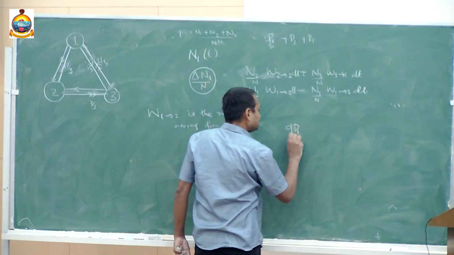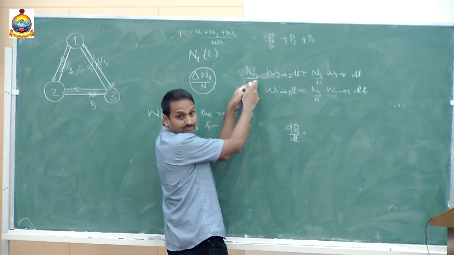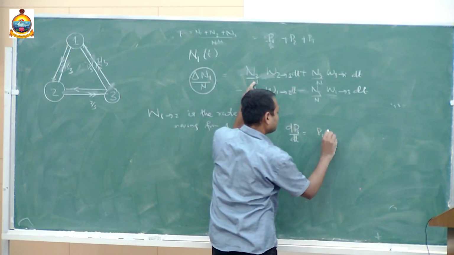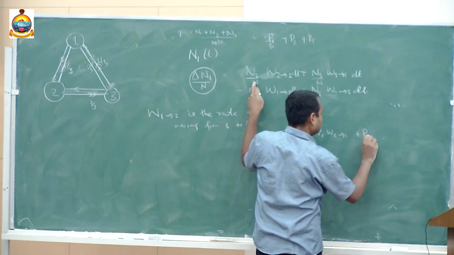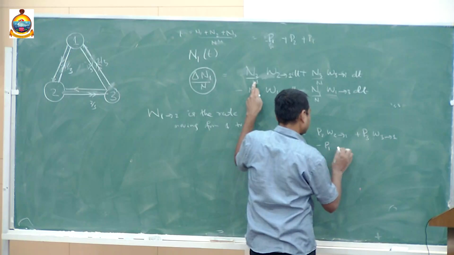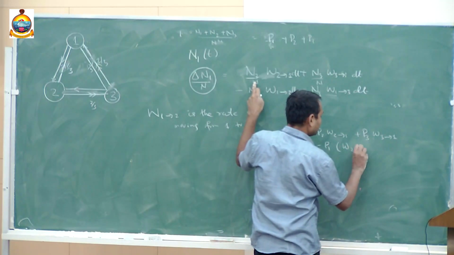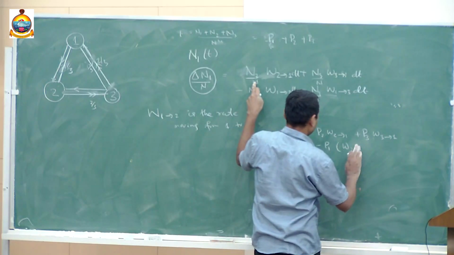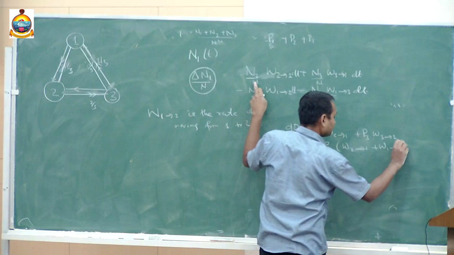So this equation can be written as dp1 by dt equal to p2 w2 to 1 plus p3 w3 to 1 minus p1 times w1 to 2 plus w1 to 3, okay.